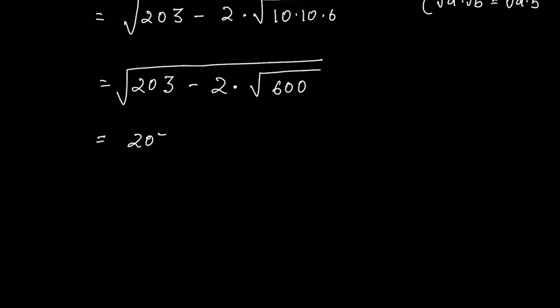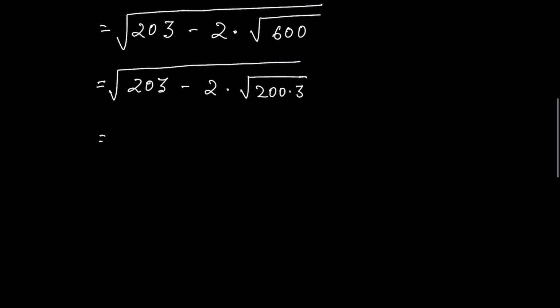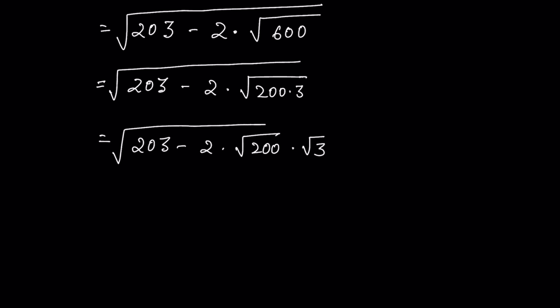Now 203 minus 2 times square root of 600, we can write it as square root of 200 times square root of 3, all under square root.